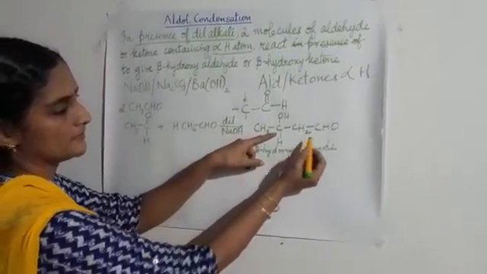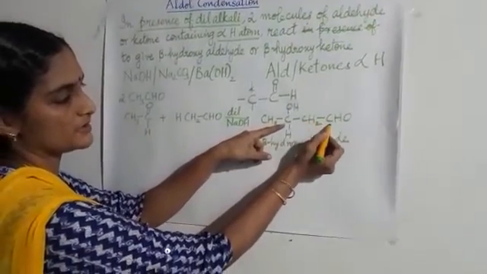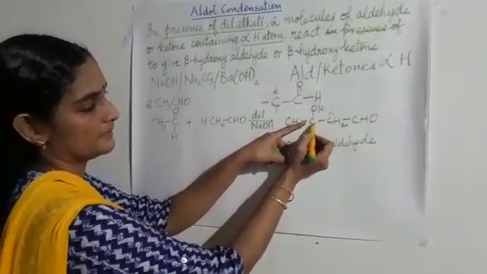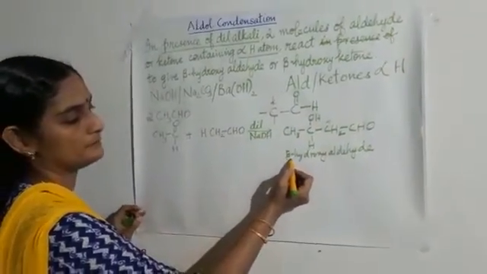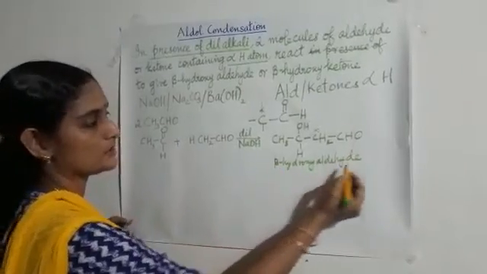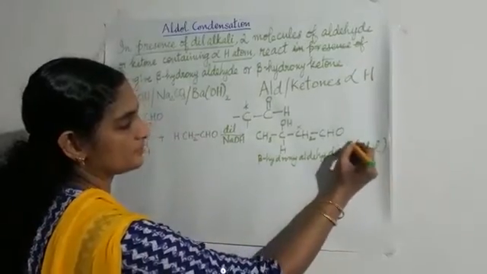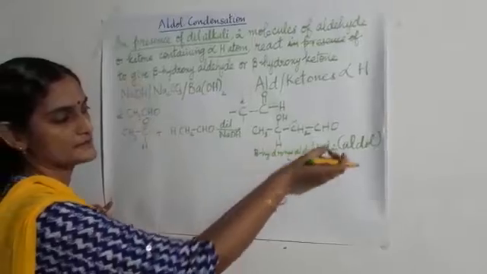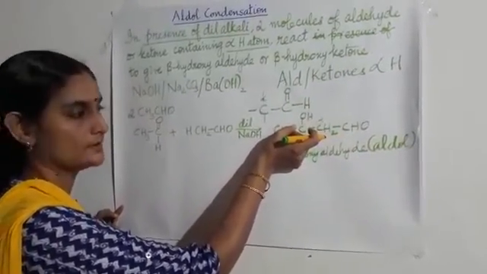Why beta? Because the carbon adjacent to the carbonyl carbon is alpha and next one is beta. On the beta carbon we have the hydroxyl group. So this is called beta hydroxyaldehyde. Now this is also called aldol. This compound is called aldol because it contains the aldehydic group and the alcoholic group.